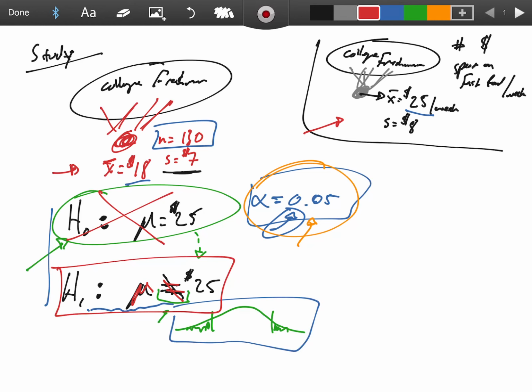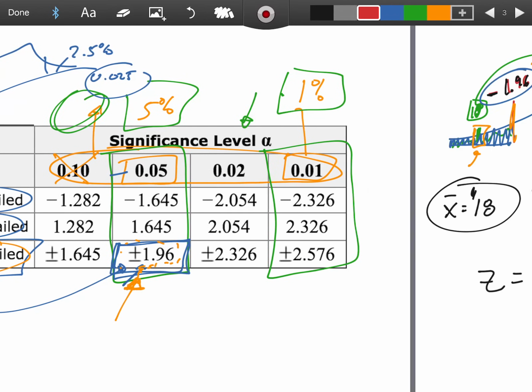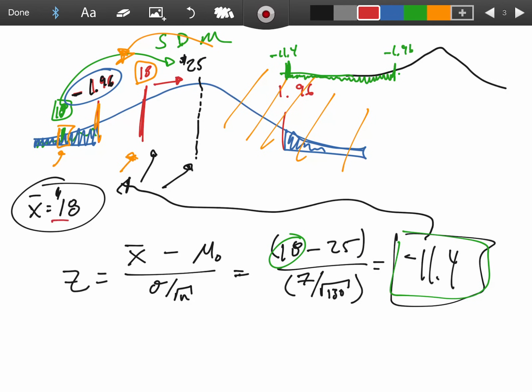I'm not saying that the actual average is 18. That is not what I'm saying. What I am saying is that the mean has changed and that it is no longer 25. That's what I can say. Does that make sense? Do you see the difference there? This study, I'm not trying to prove that the true average of the population is 18.